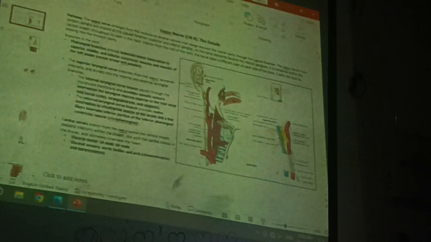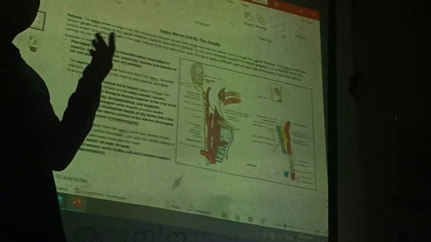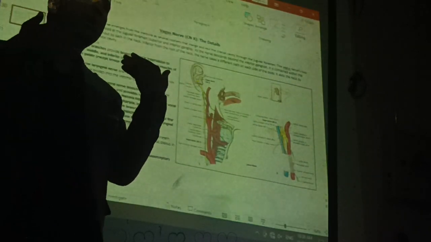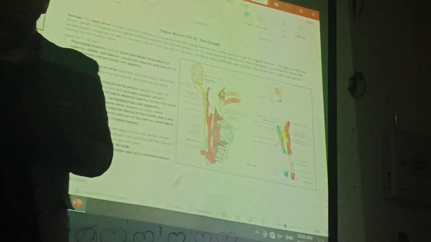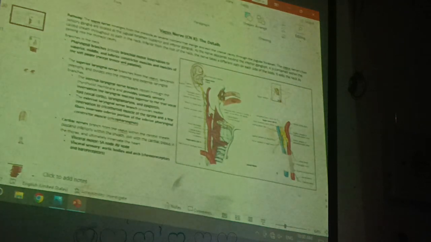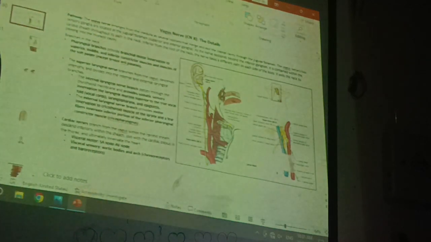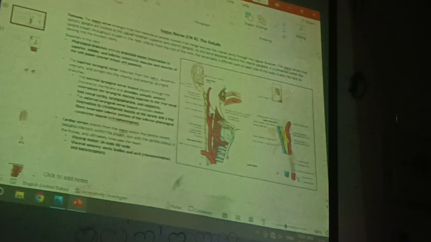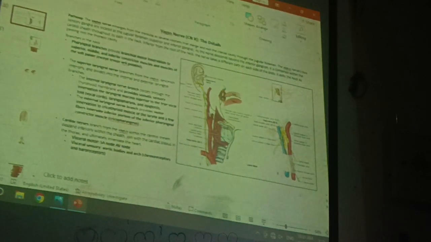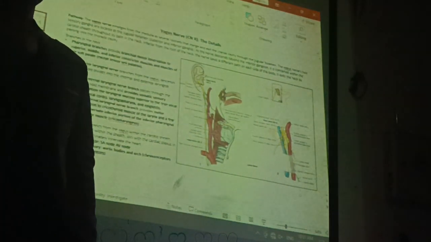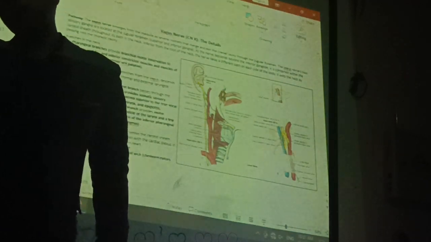Sensory innervation of the larynx inferior to the vocal cord is carried by the internal laryngeal nerve. Okay? The external laryngeal nerve innervates the cricothyroid muscle, a muscle which is located at the anterior triangle. The cricothyroid muscle is innervated by the external laryngeal nerve.